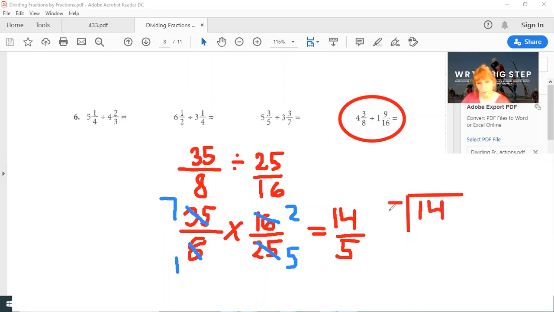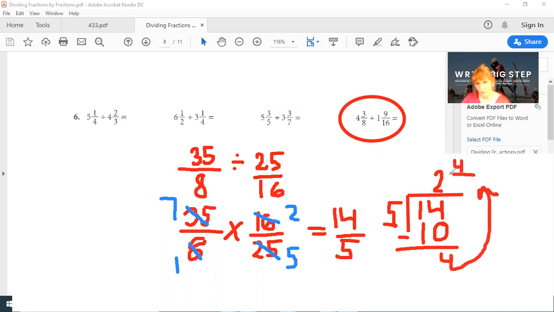How many 5s go into 14? 2. 2 times 5 is 10. Subtract. 14 minus 10 is 4. The 4 becomes the numerator of my fraction, 4 fifths. So the answer to that problem is 2 and 4 fifths.